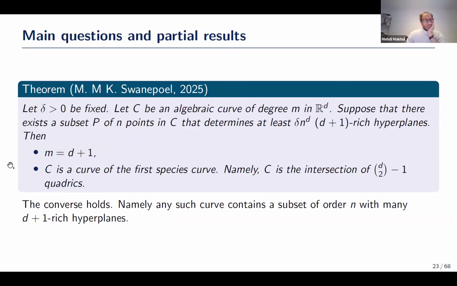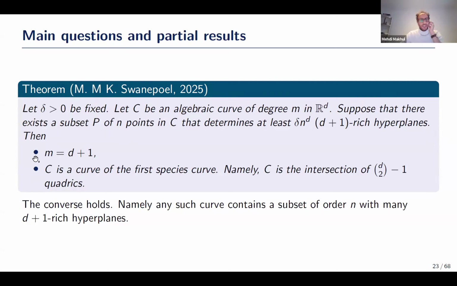This is the main result of mine with Conrad: let delta be a fixed number and let C be an algebraic curve of degree m in R^d. Suppose that this curve accommodates a set of points with too many d plus 1 rich hyperplanes.